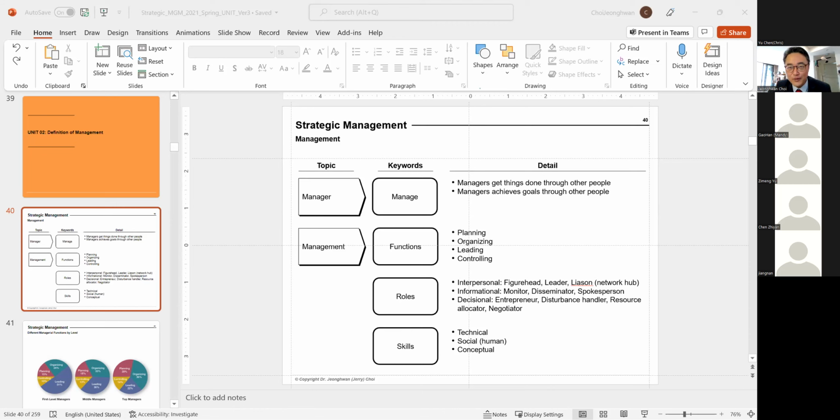Figurehead, the interpersonal role. Absolutely, that's a very important management role. Second, information. Do you want to work for a stupid leader or manager with no knowledge? No. We expect that the manager knows everything and can help me address my problem.